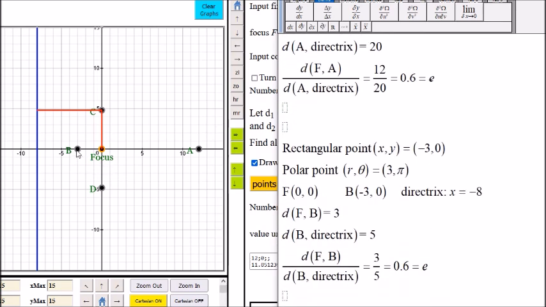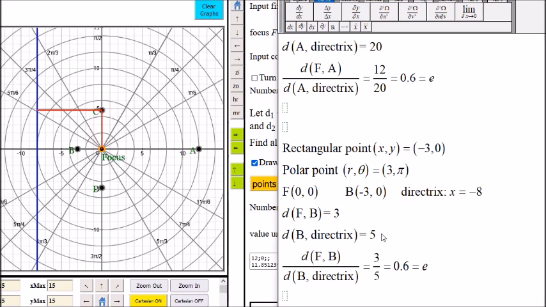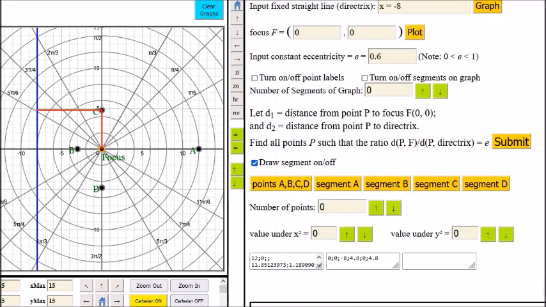And then now let's look at this point B. The distance from B to F is 3. And then the distance from B to the directrix is 5. 3 divided by 5 is 0.6. And that's what we want to find.